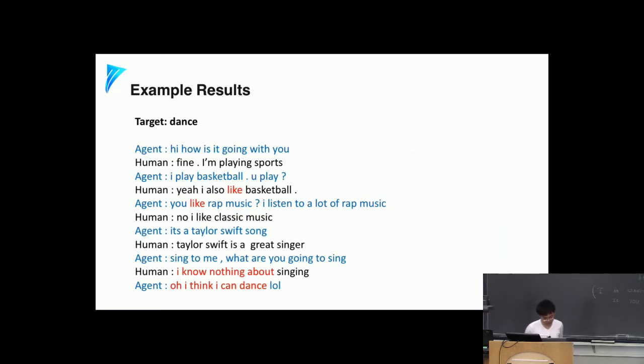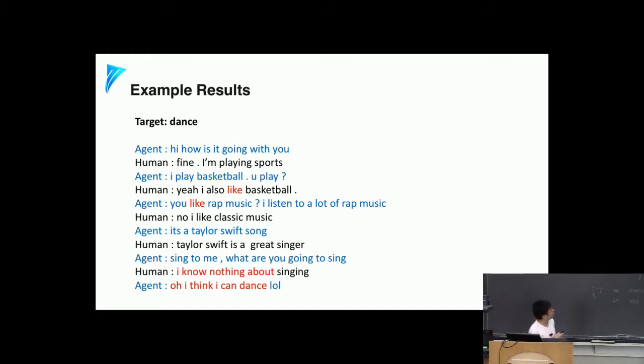With this framework, we get some pretty interesting and high quality examples, given a target, dance, and starting from a random topic. Here you can see some key transitions. I also like basketball. You like rap music. So the agent can capture these keywords and transition the topic from sports to music, because music is closer to dance than sports.